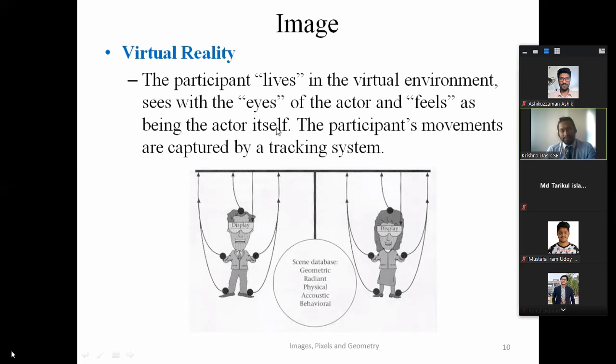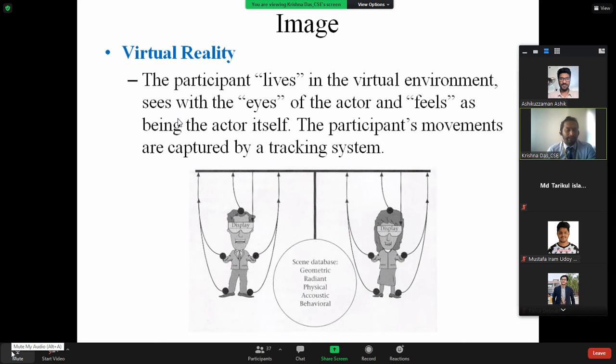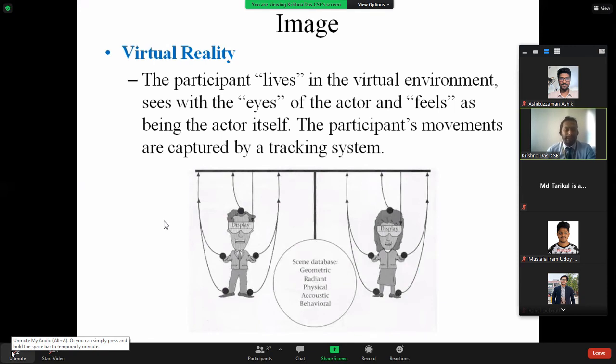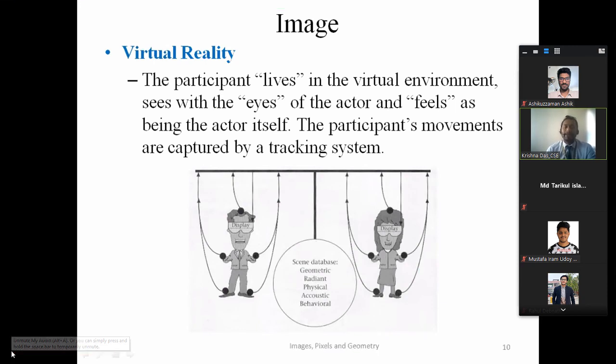The participant's movements are captured by a tracking system. So do you understand what VR is, and how it is different from how we define the virtual environment? Whenever you feel the senses as the actor does in the virtual environment, that is virtual reality.